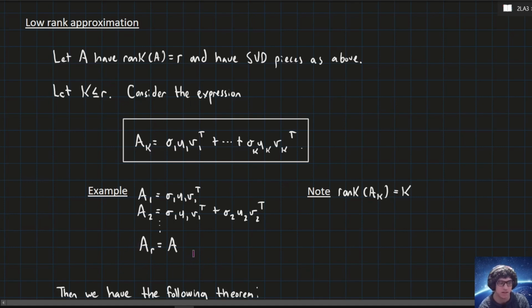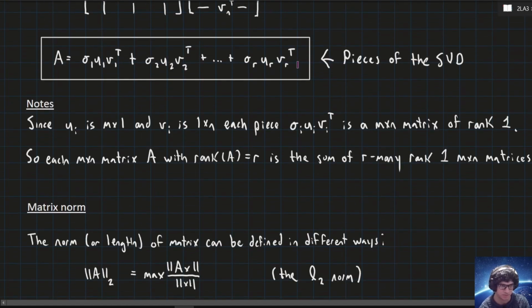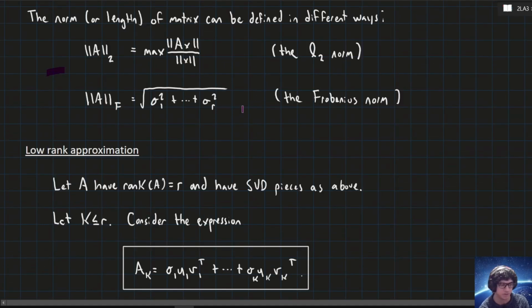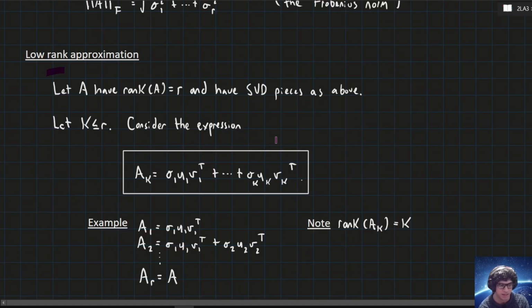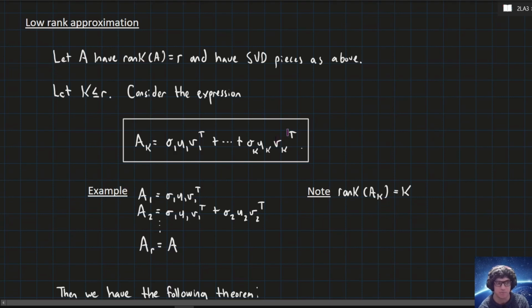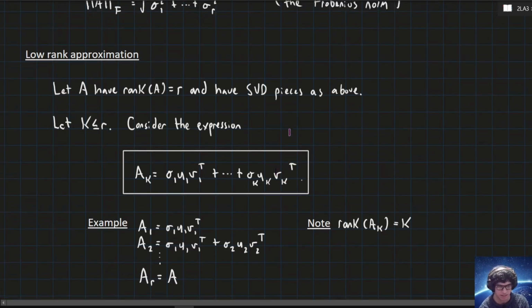And AR, where R is the rank of A, will be A itself, because if you take them all the way up to R, then it just equals A. So A_K is the sum of the first K many pieces.